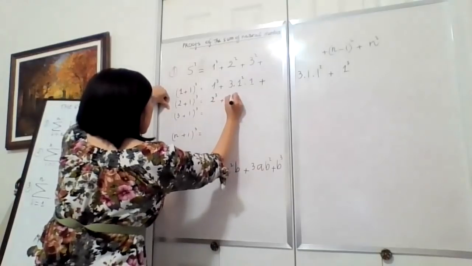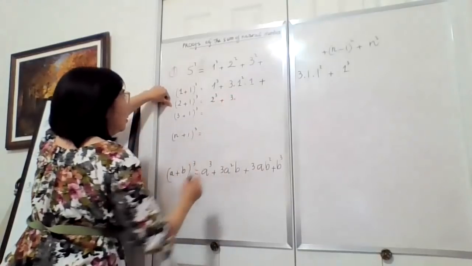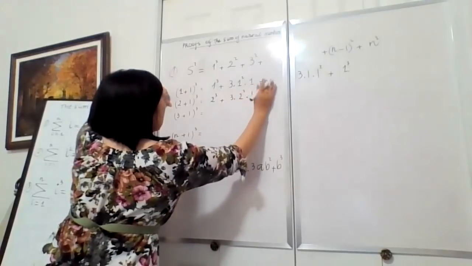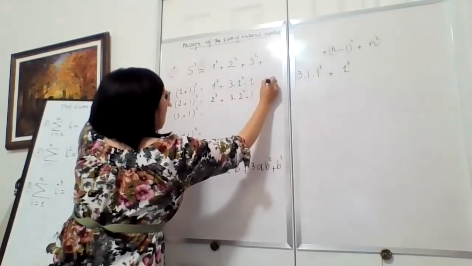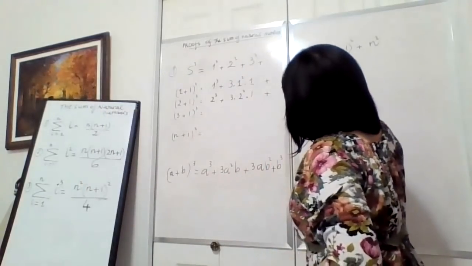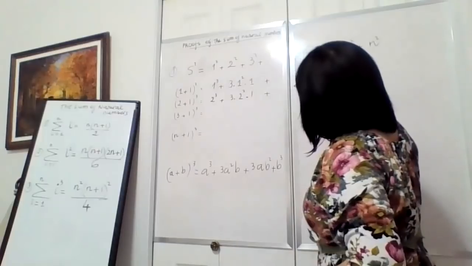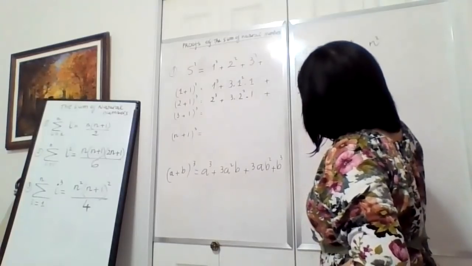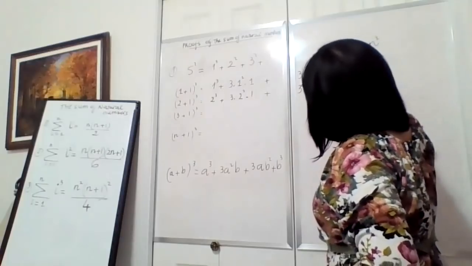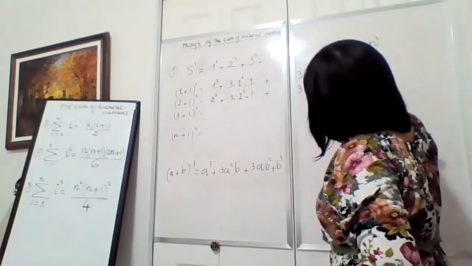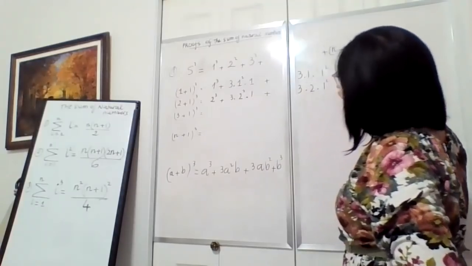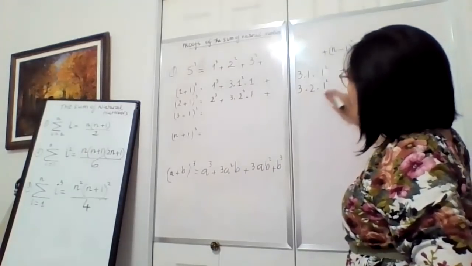Everything else is exactly the same formula, right? And this will be 2 square times 1, adding this bar, 3 times 2 times 1 square, we put them like this, 1 square.